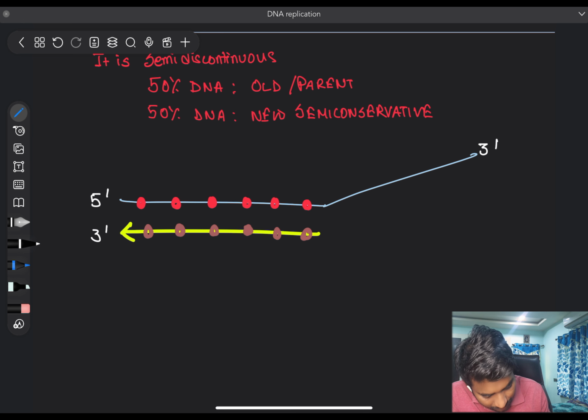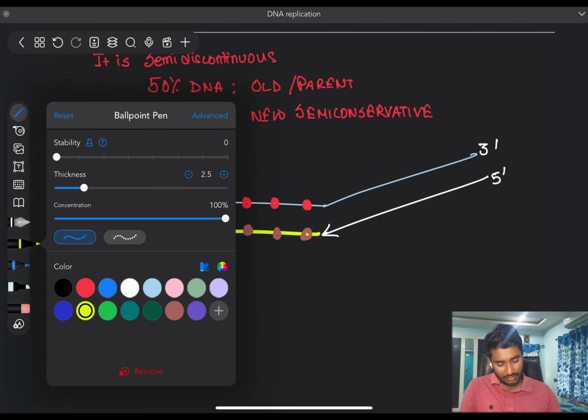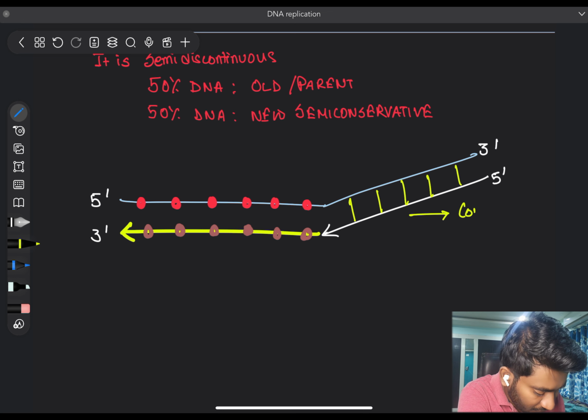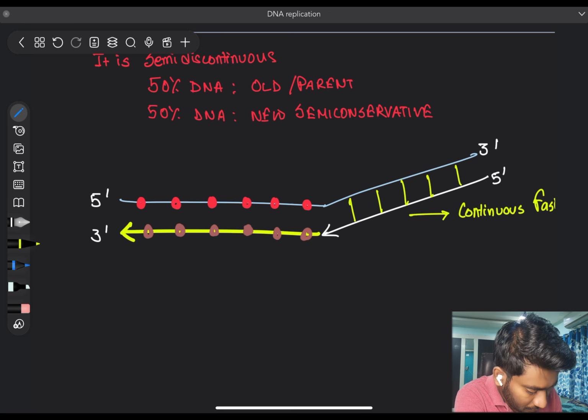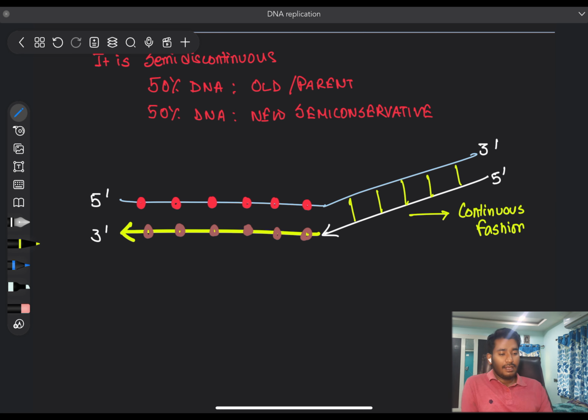And this is 3 prime and this is going to be 5 prime. Okay, now this is a continuous strand. This is in continuous fashion. And the other strand is discontinuous in fashion.